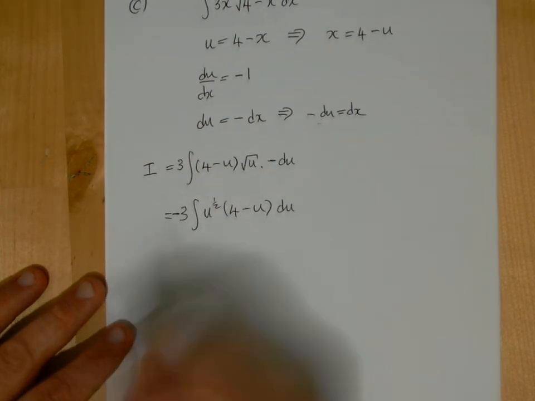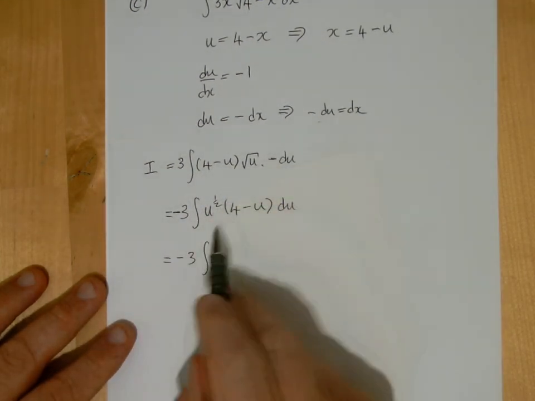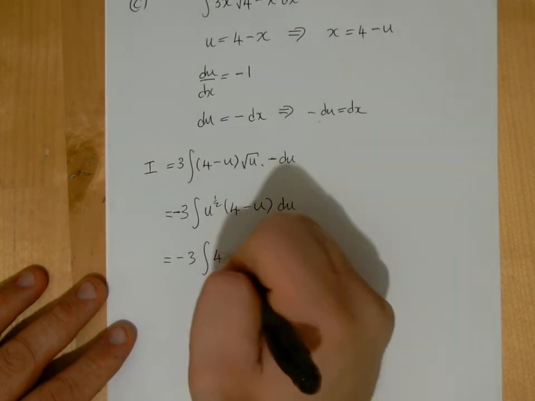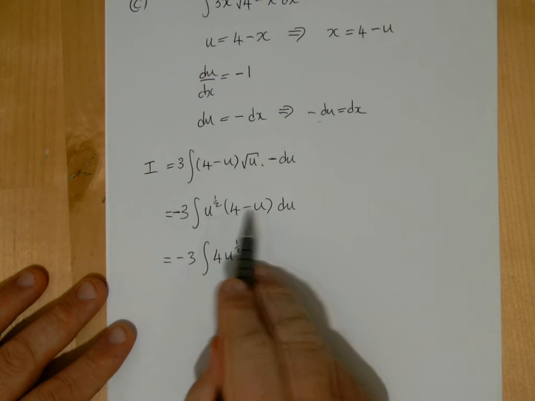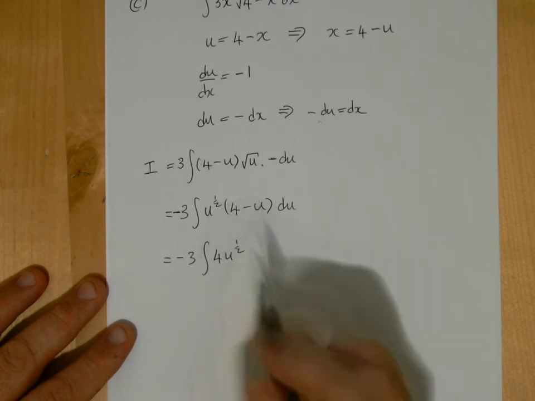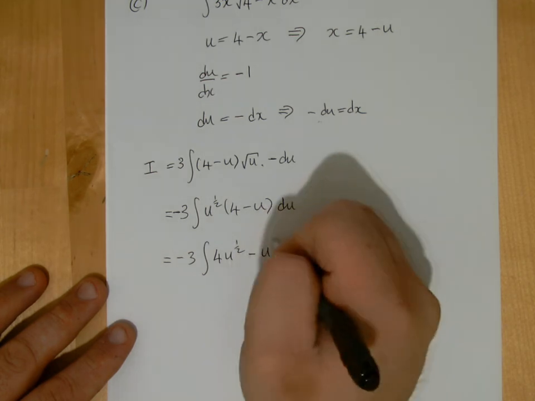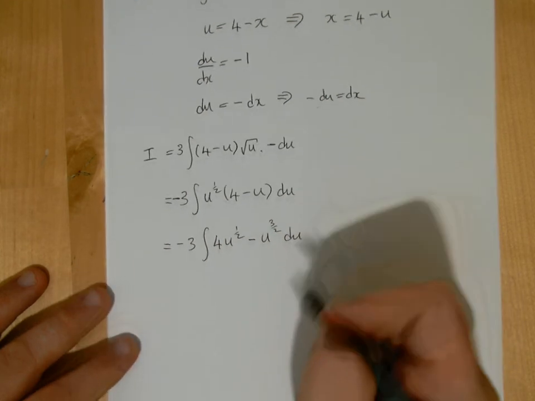Before we integrate, let's multiply through by u to the power half. So u to the half times 4 is 4u to the power half. And u to the half times u, we add the powers: half plus 1 is 3 over 2. So it'll be minus u to the power 3 over 2, with respect to u.